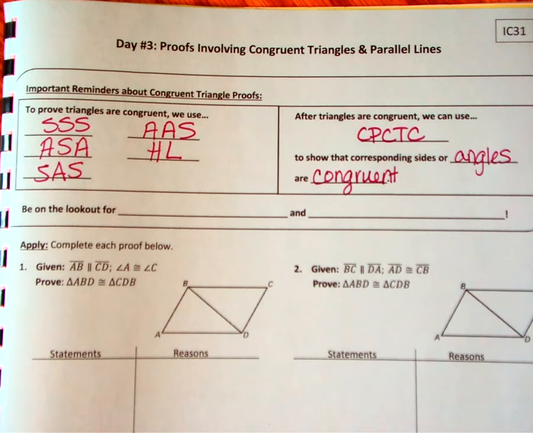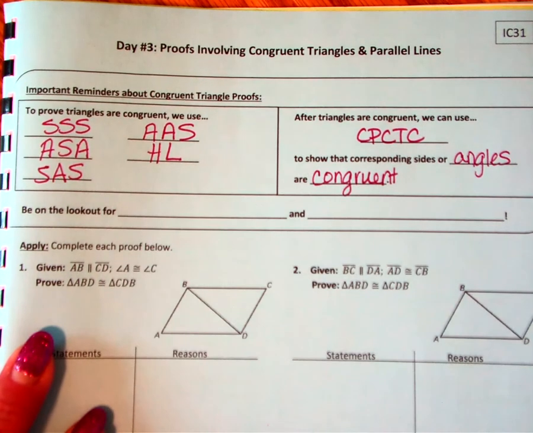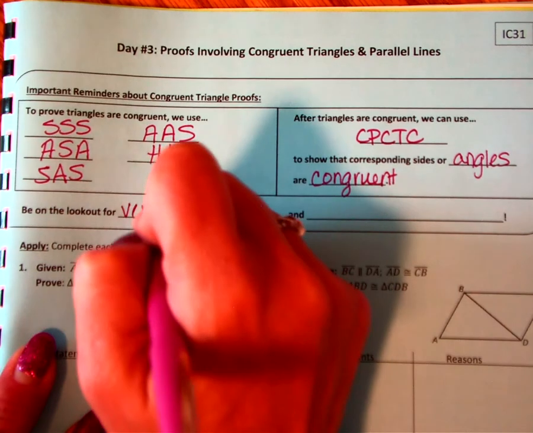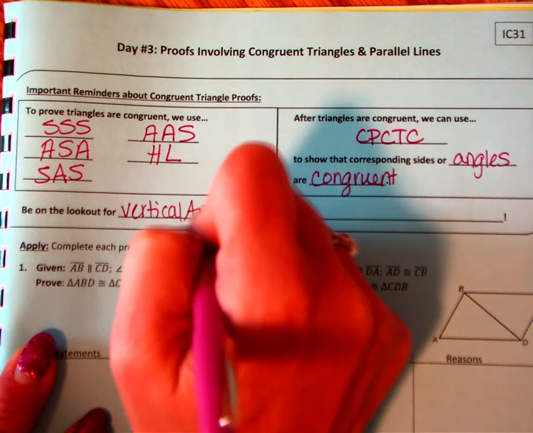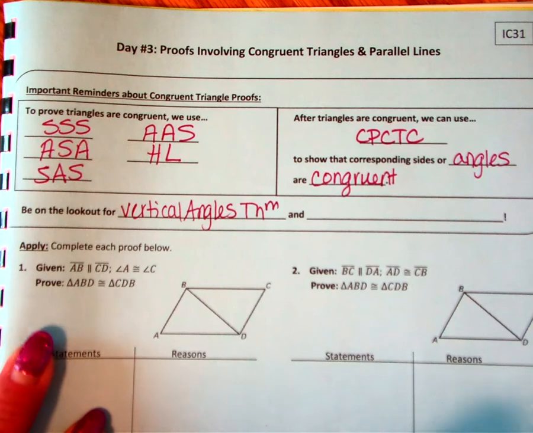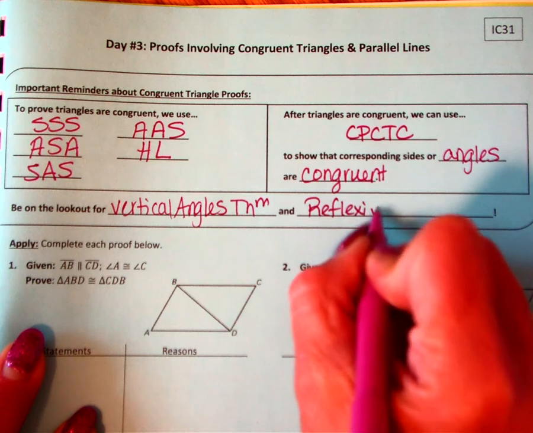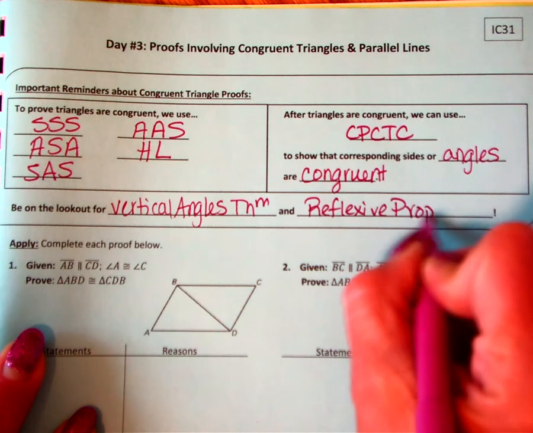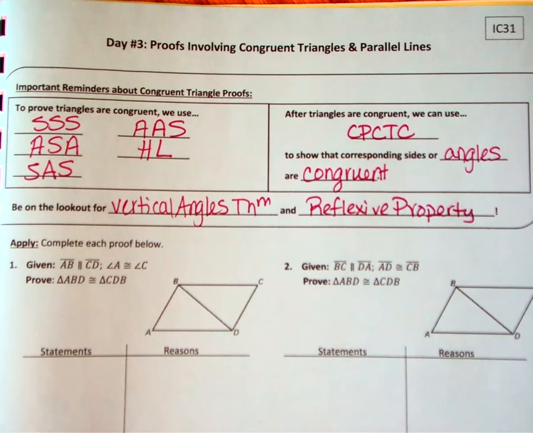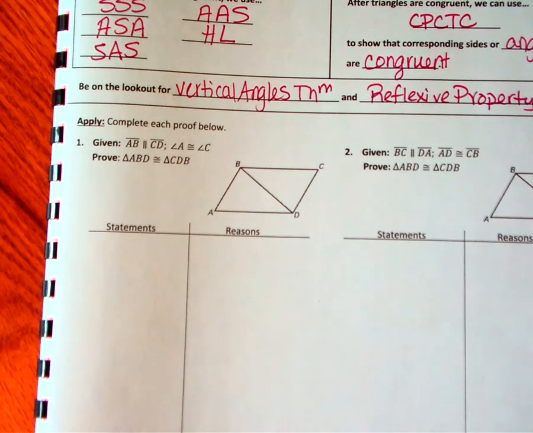So be on the lookout for a couple of consistent theorems that come up, like the vertical angles theorem, and also the reflexive property. So let's apply some of these proofs here.